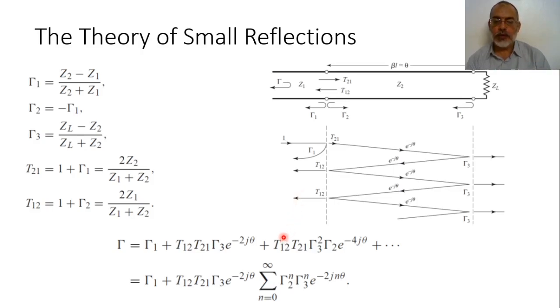So we have T12 multiplied by T21 multiplied by gamma 3 multiplied by gamma 3, so gamma 3 squared, multiplied by gamma 2, which has been reflected here, multiplied by e to the power minus j4 theta, and so on.